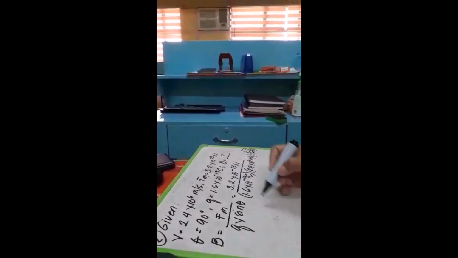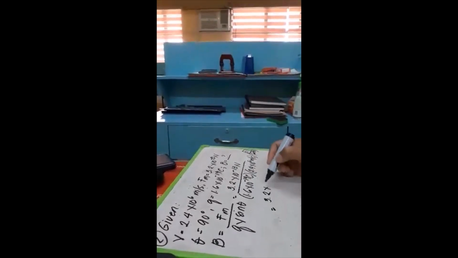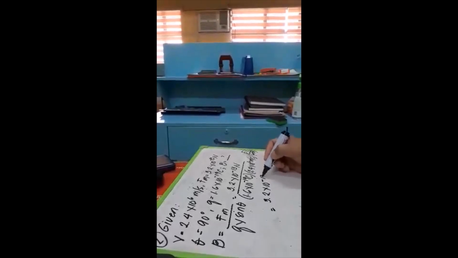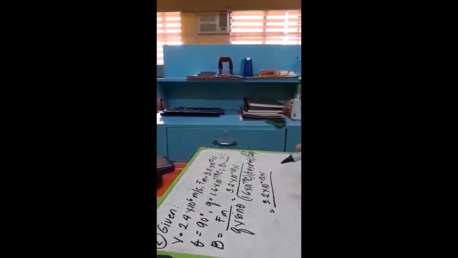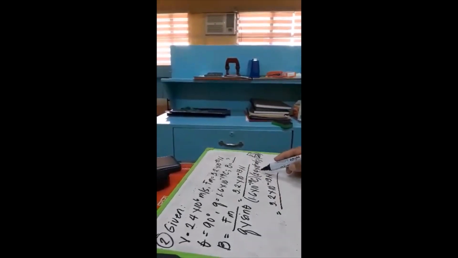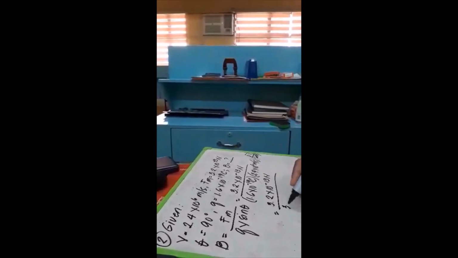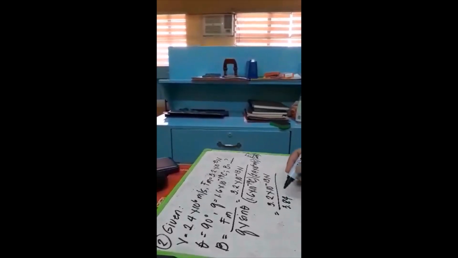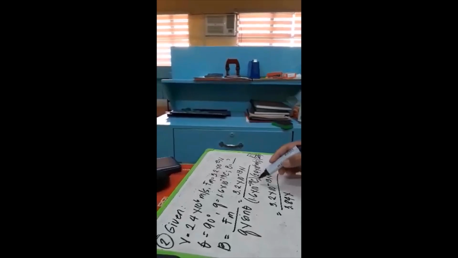Substitution, we have here 3.2 times 10 raised to negative 13 Newton. So we have to divide this. So multiply po muna natin. 1.6 multiplied by 2.4. So we have, the answer is 3.84 times 10. Okay? So this is negative 19.